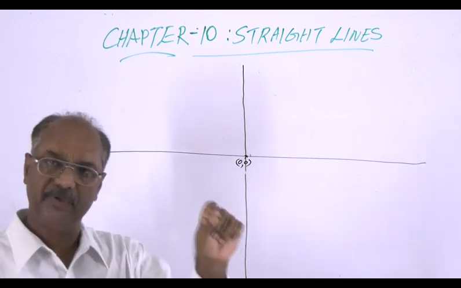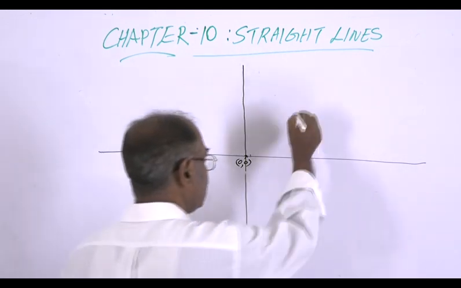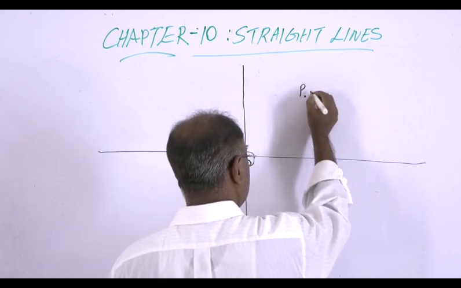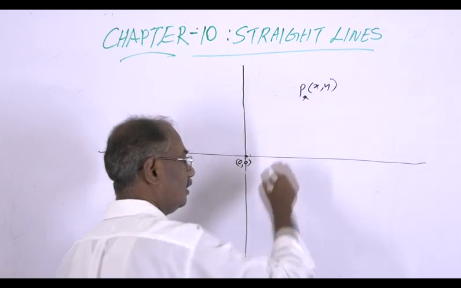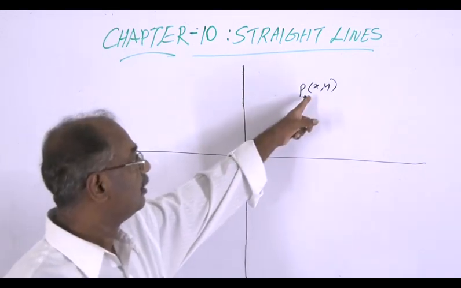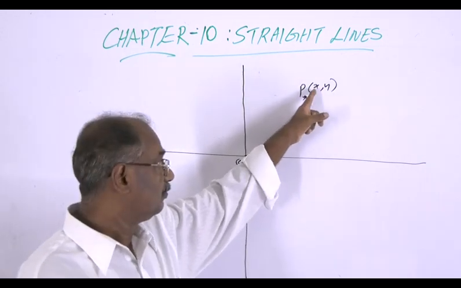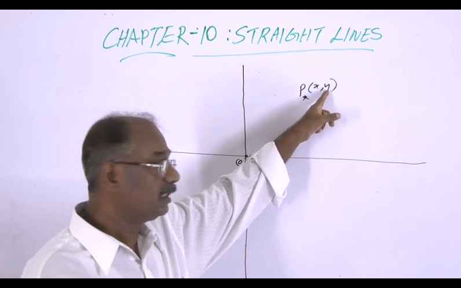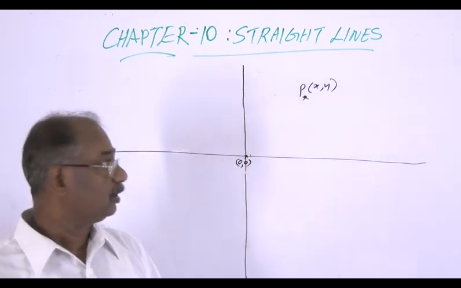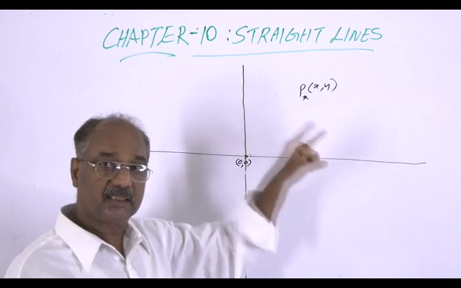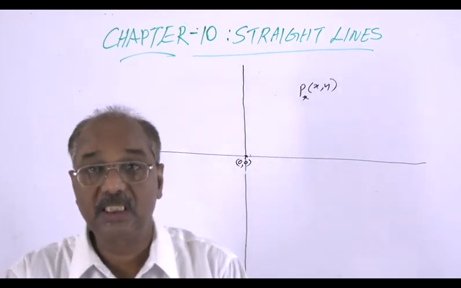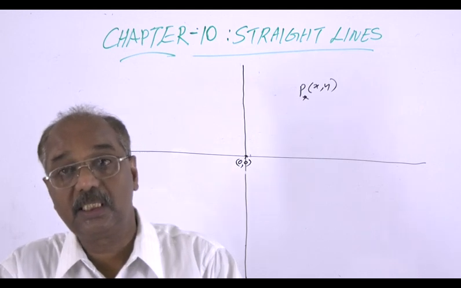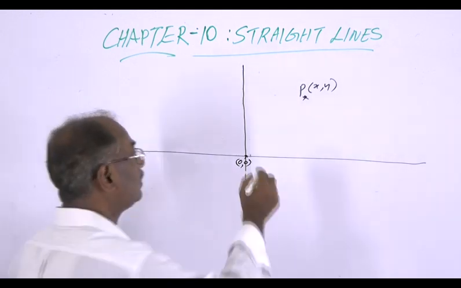Just a review. If P is a point in the plane with coordinates x and y, we denote this by writing (x, y) within a bracket, first the x-coordinate and second the y-coordinate. The x-coordinate x means it is the perpendicular distance, or the shortest distance, of the point from the y-axis.